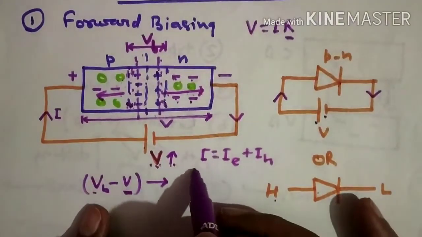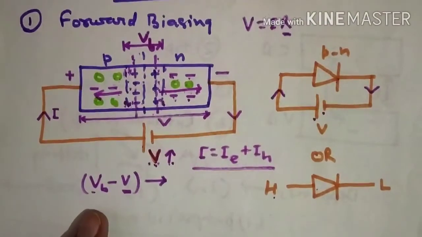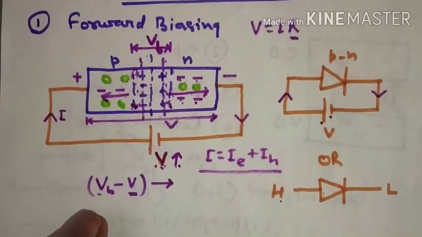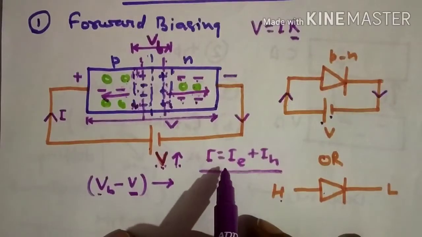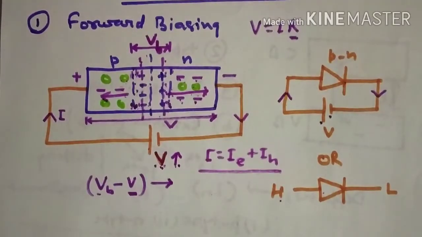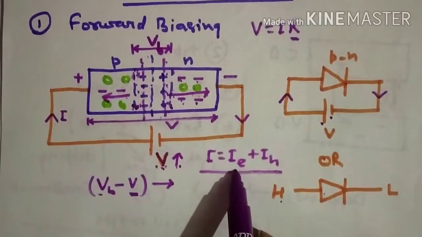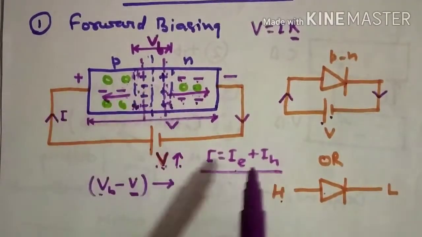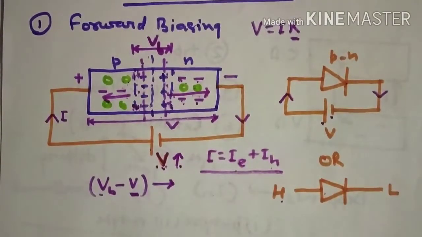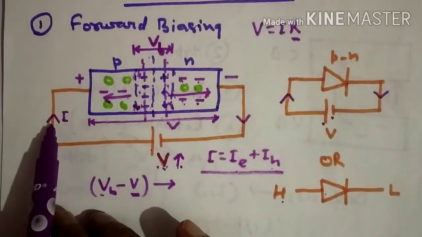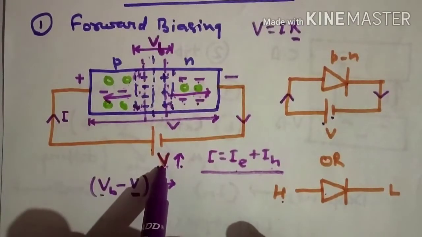And I hope this topic we had studied when we had started semiconductors. So in this diode, the total current is due to the diffusion current of electrons and due to the diffusion current of holes. Now let's see how the current varies with changing the voltage.